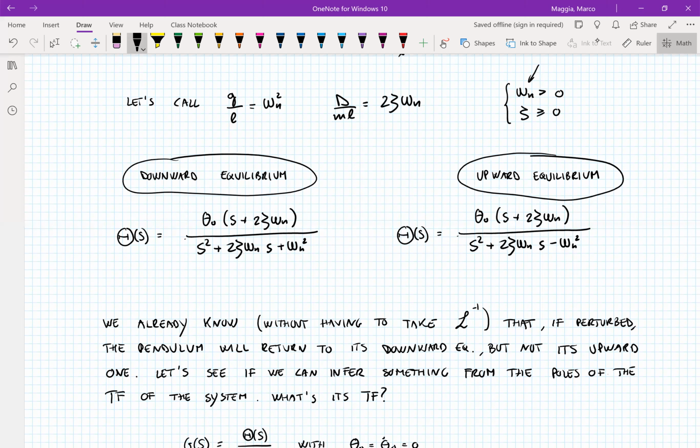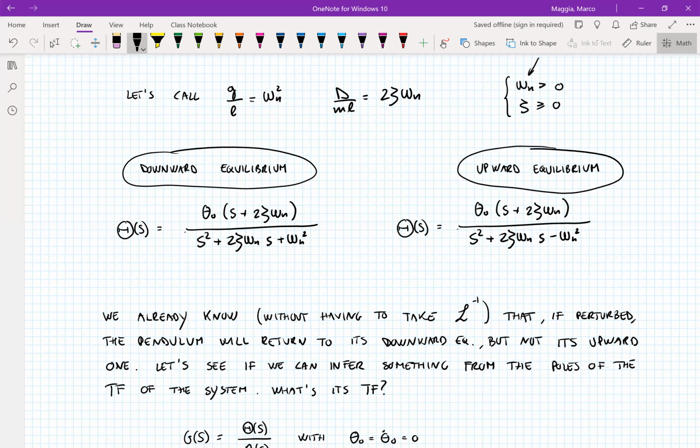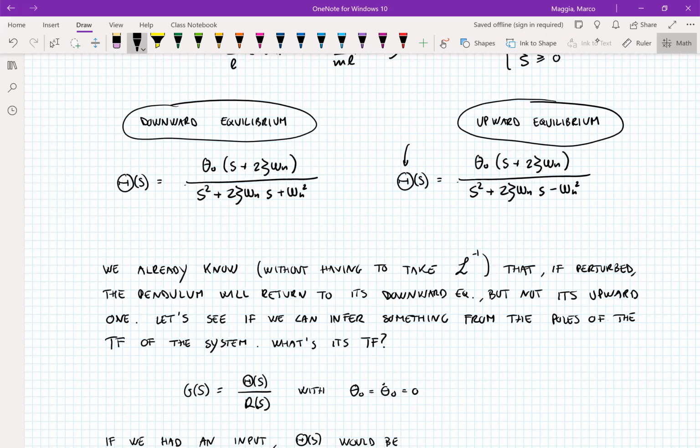But is there something that we can look at and tell this without relying on our intuition? Well, there is, fortunately. And as a matter of fact, it is all contained in the poles of the transfer function of the system. Here, however, we have the output of the system.